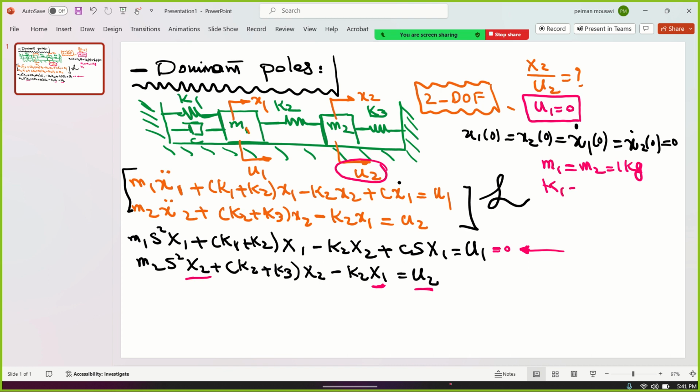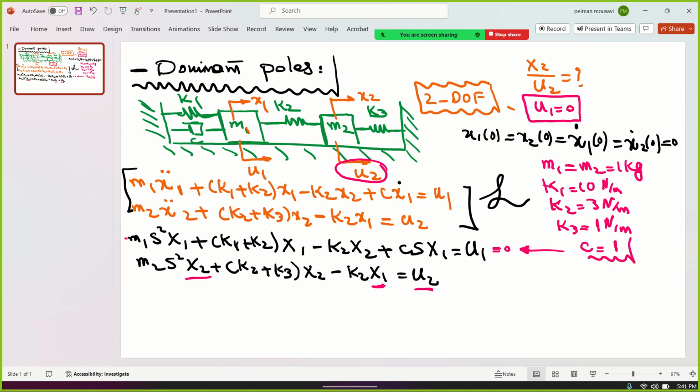K1 is 10 Newton per meter. K2 is 3 Newton per meter. And K3 is 1 Newton per meter. And C damping is 1.